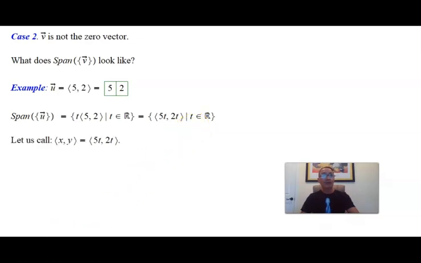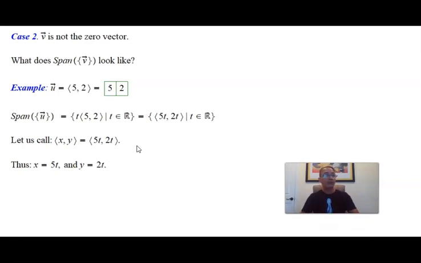We want to find the equation of the line, whose picture we saw in GeoGebra. So to do that, let us call the vector 5t, 2t by a name. Let's call it xy. So xy equals 5t, 2t. Now, 2 vectors are equal when their components are equal. So of course, we can write this as x equals 5t and y equals 2t.